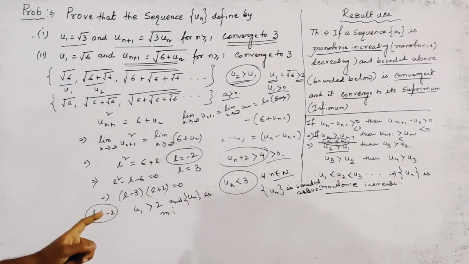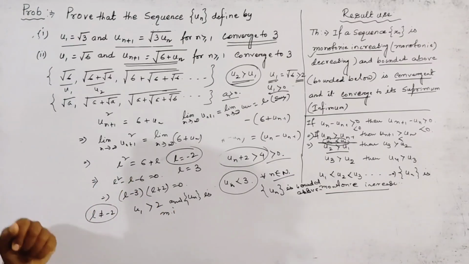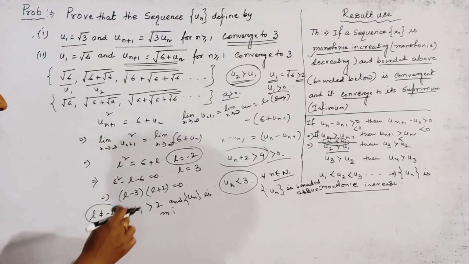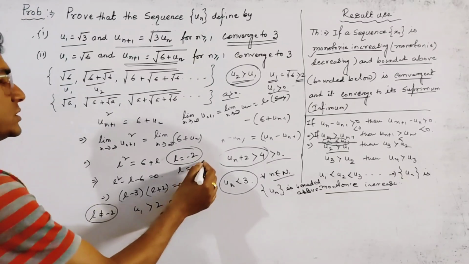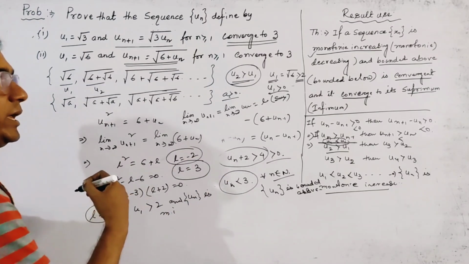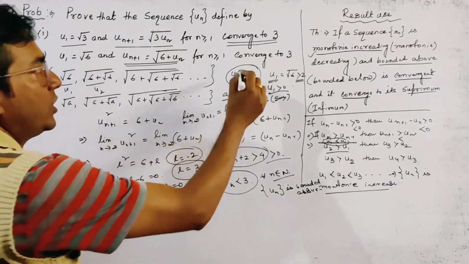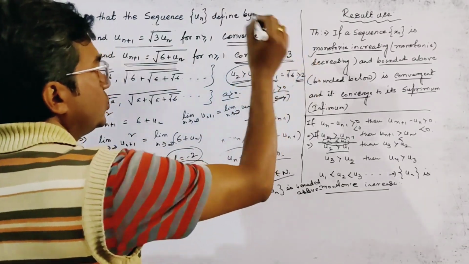So all the terms of the sequence are greater than 2, so its limit is not negative. So L is not equal to minus 2, and the other option remains, so it must be 3. This is the proof of our required result: the sequence converges to 3.